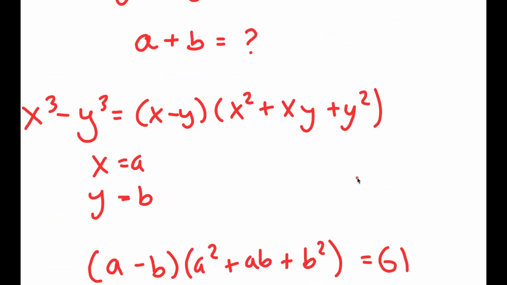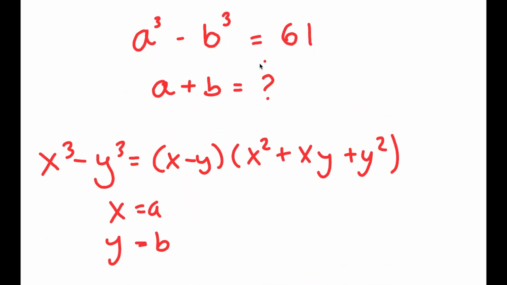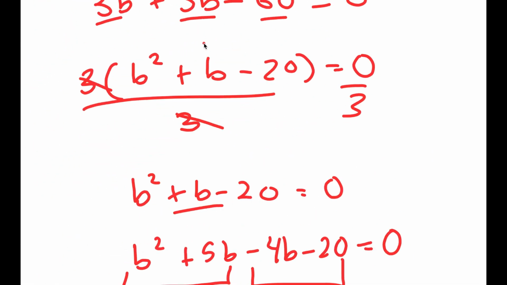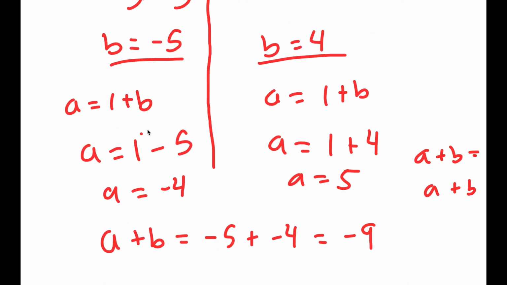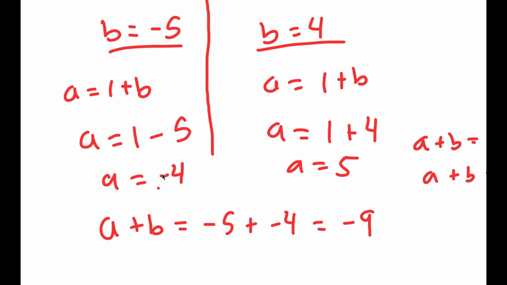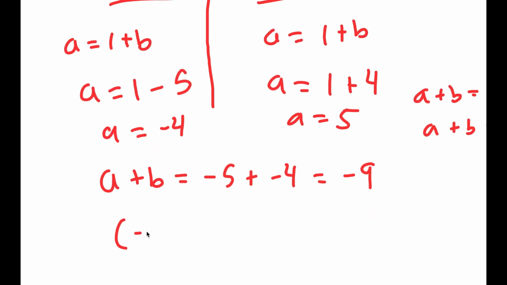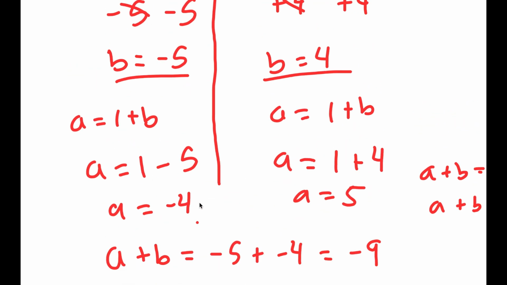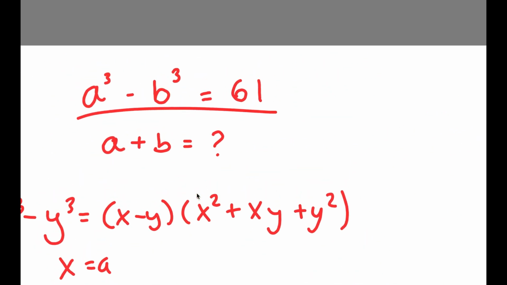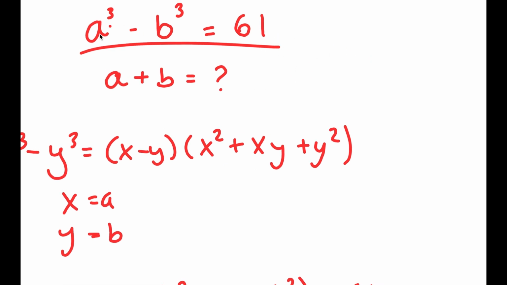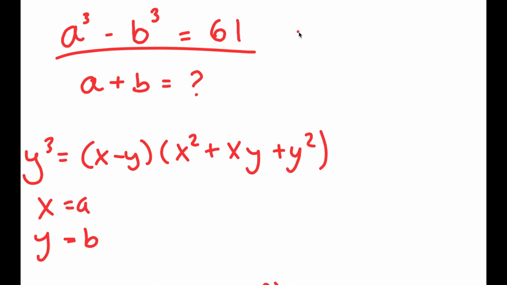Now, what we're finally going to do is use this formula and plug these values in. So our first solution, which was negative 4 comma negative 5, let's try this.